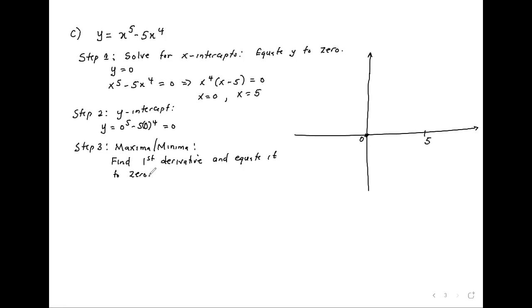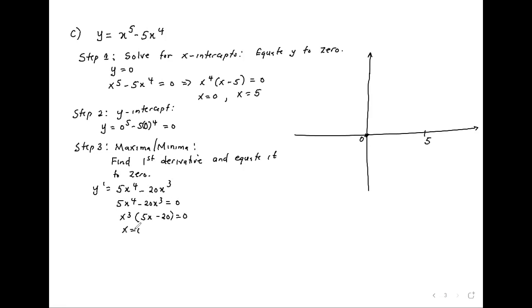So we find y prime, which is 5x^4 minus 20x^3. Then we equate it to 0. Factoring out x^3, we get 5x minus 20 is equal to 0.